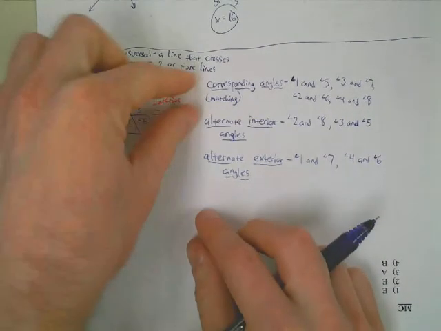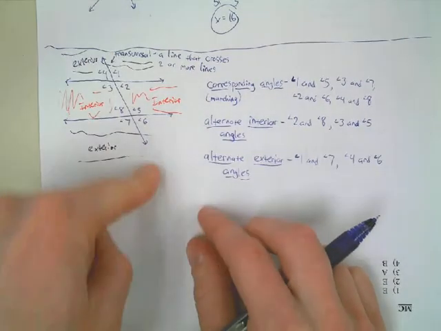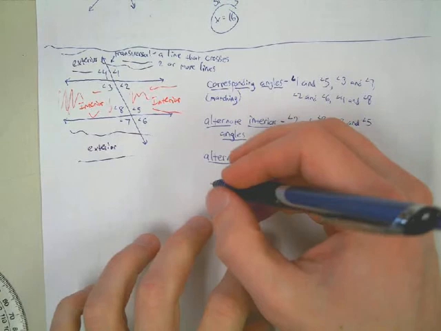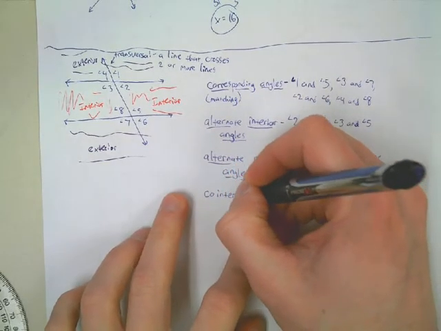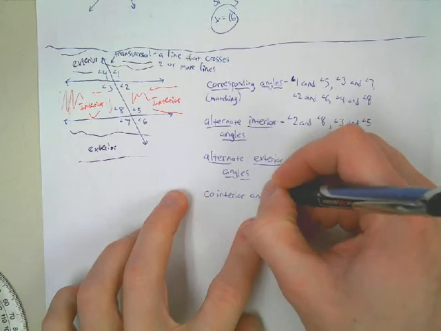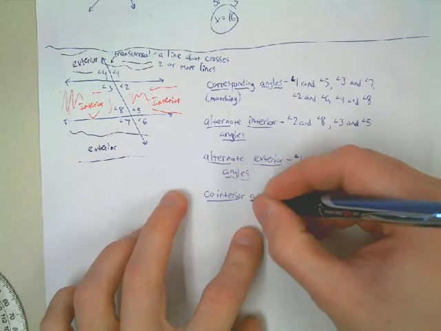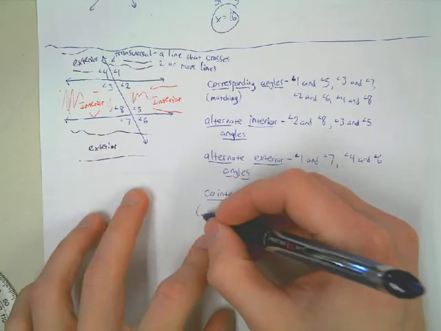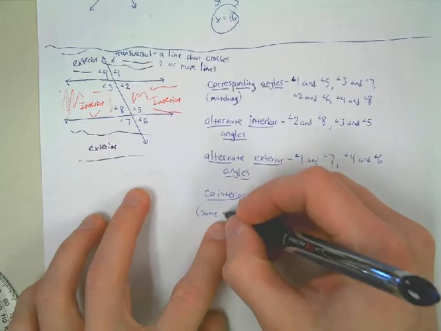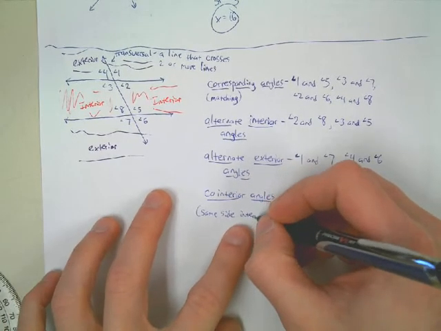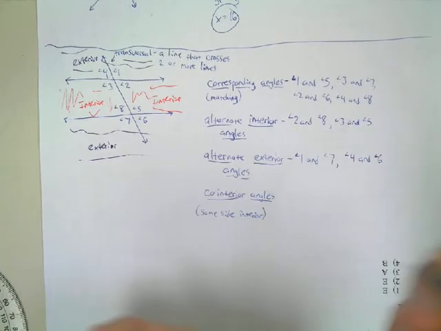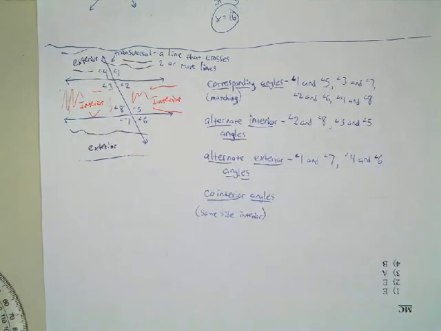We'll say co-interior, also sometimes called same side interior. There's lots of different names for this one, or consecutive interior, but anyway, we'll say co-interior. Co means to share, and again we're talking about interior angles, so we're going to ignore 1, 4, 6, and 7.